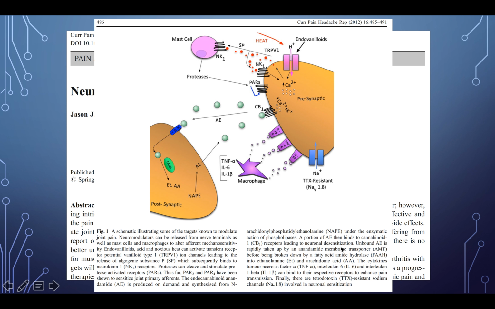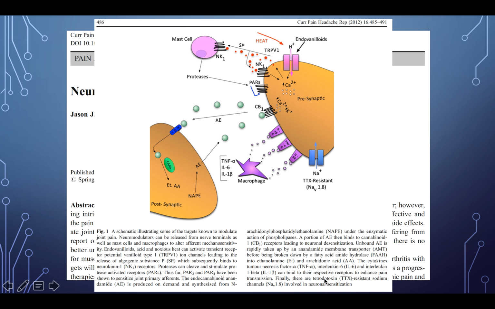And I know we've talked a lot about this, but we haven't really talked about it regarding arthritis. So the unbound AE will rapidly be taken up by the AMT before being broken down by a fatty acid amide hydrolase, FAAH.